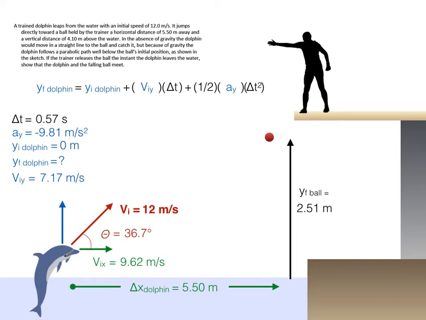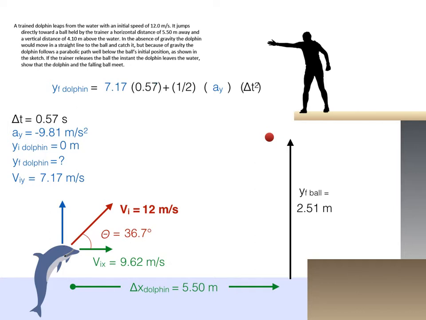So what's the first thing that we know? The initial position of the dolphin is 0 meters, so that just goes away and everything squishes down like that. The initial velocity of the dolphin in the y direction is going to be 7.17 meters per second. Let's spread this out a little bit because we're going to need some more space.